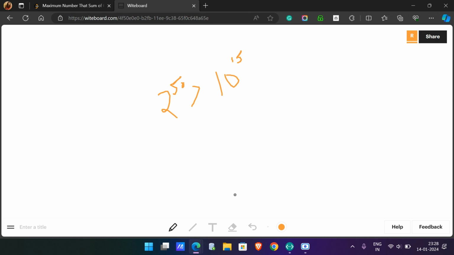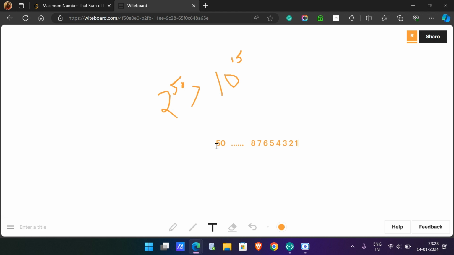Now for each position, let's write it in the opposite manner, like 50, dot, dot, dot, 8, 7, 6, 5, 4, 3, 2, 1.